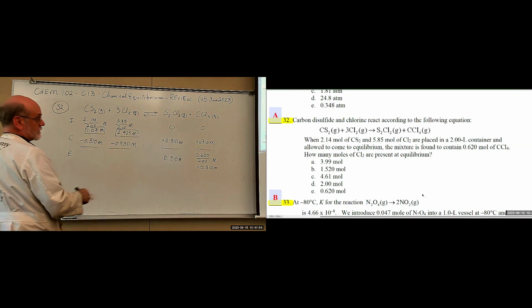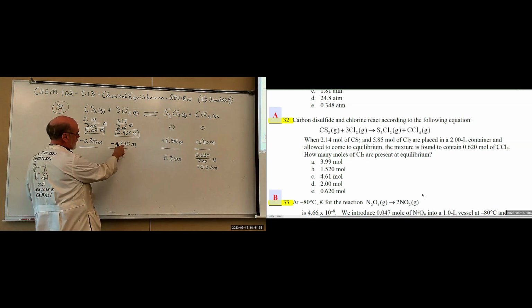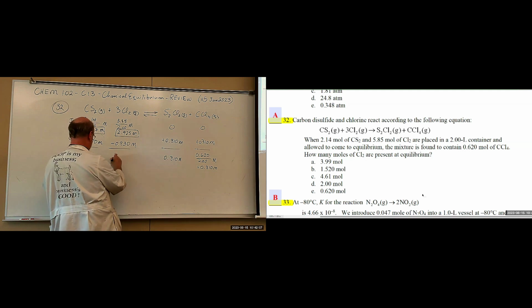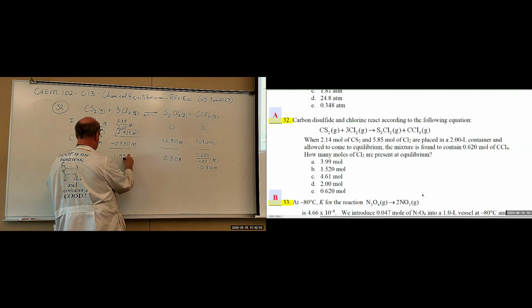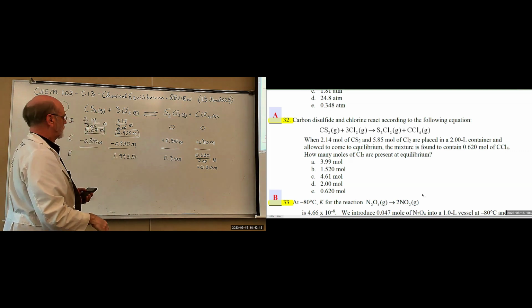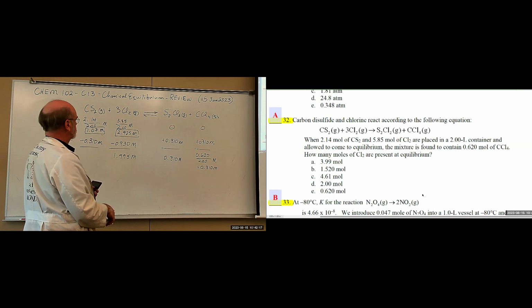And the question is, how many moles are present at equilibrium? So we just subtract this one from that one. And I get 1.995, or about 2.00. Well, that's not right. Why is that not right?